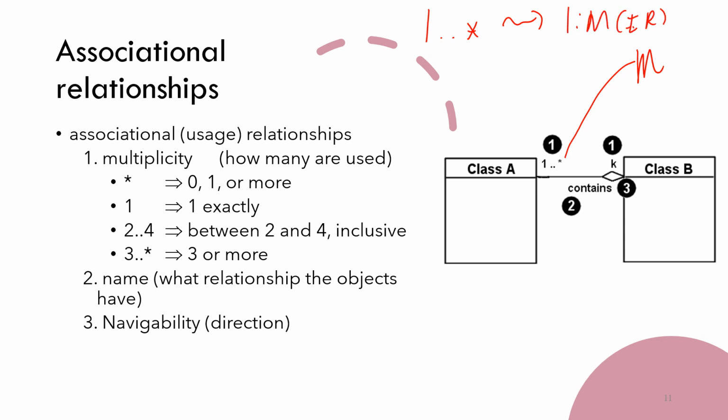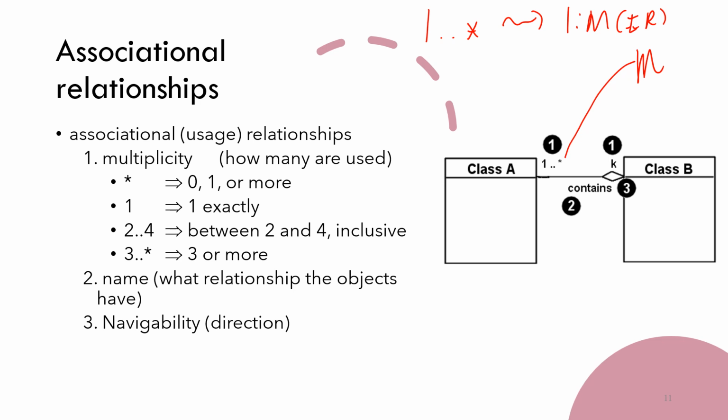In the ER, 1 is exactly 1. 2..4, between 2 to 4, inclusive. Inclusive means 2 and 4 are included in the range. And 3..*, 3 or more, 3 to many. Okay, it is the same like the ER.